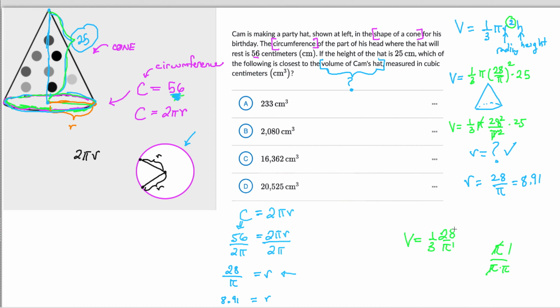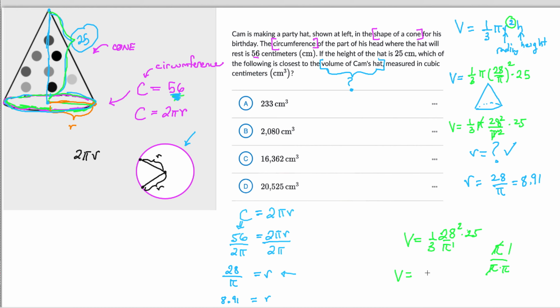28 squared times 25. And now here, I'll just use the calculator. So I'm going to get 28 squared times 25 divided by 3 times pi, because that's the top divided by the bottom.